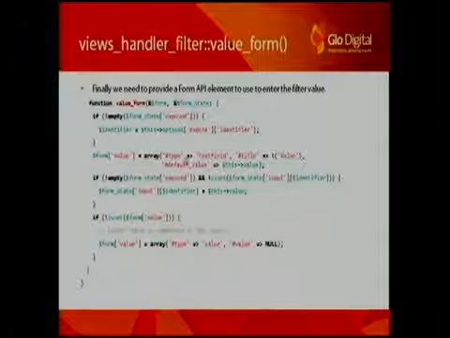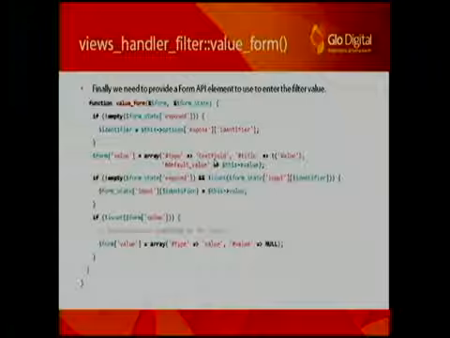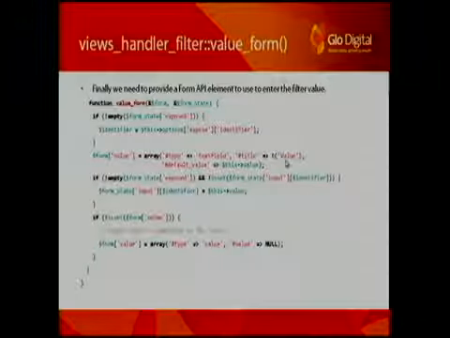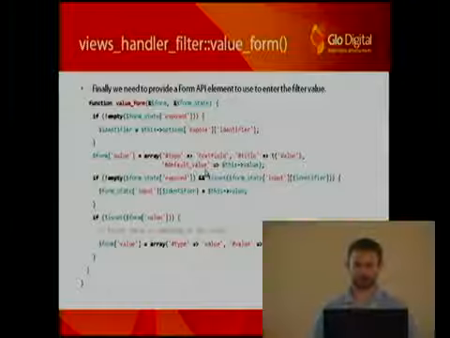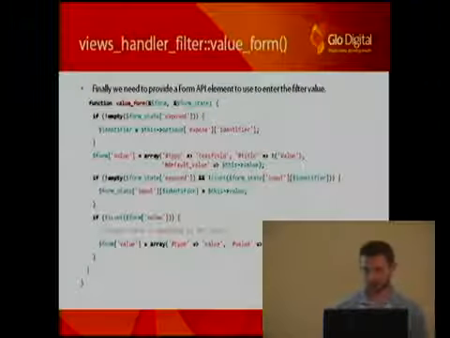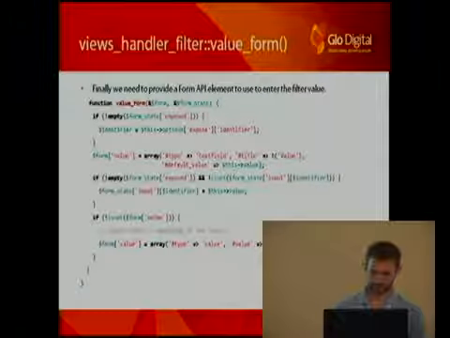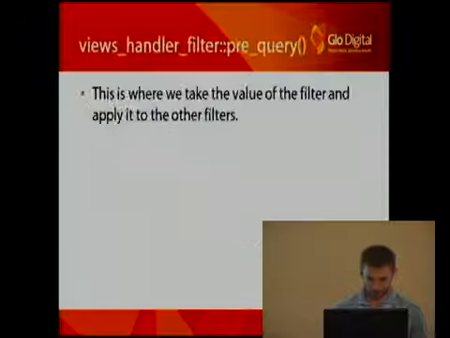I've condensed this down so it all fits on the slide, so it's not formatted very well. But type text field, title is value, and then the default value is whatever the options are set to. Or if someone's actually entered in a filter, that'll populate automatically.